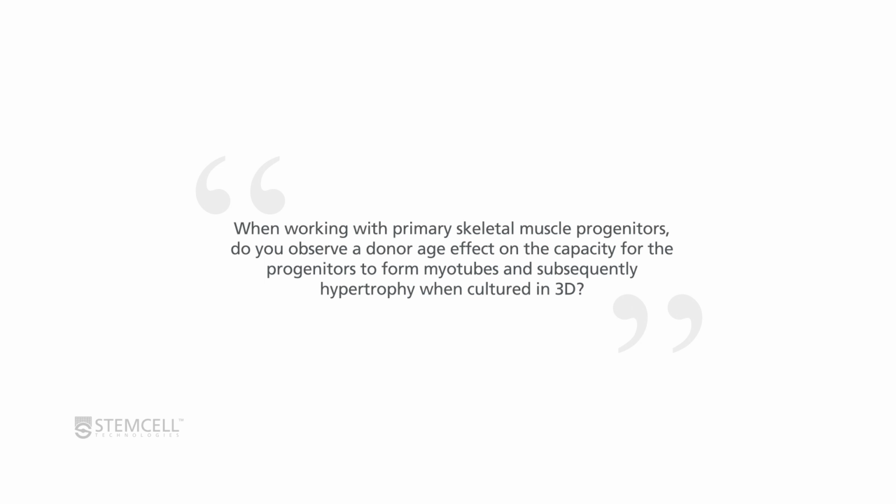That's a really great question, and it's one that, surprising to us, we find that we really have not seen any obvious difference in terms of human muscle progenitors from young versus aged donors being able to make muscle fibers in our 3D cultures.